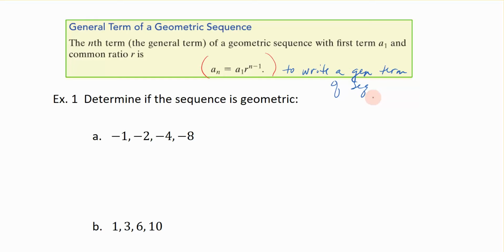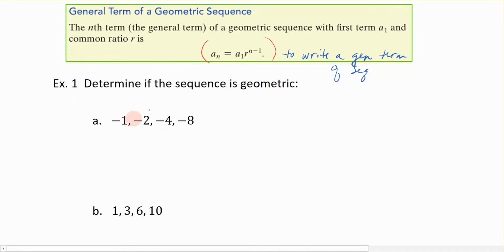The first example says I want to determine, first of all, whether we're looking at a geometric or an arithmetic or neither type of sequence. If I want to know if it's geometric, I've got to determine whether or not there is a common ratio between these numbers. So I'm going to take the first two numbers in my sequence and write them as a fraction. This gives me -2 divided by -1, or in other words, 2.